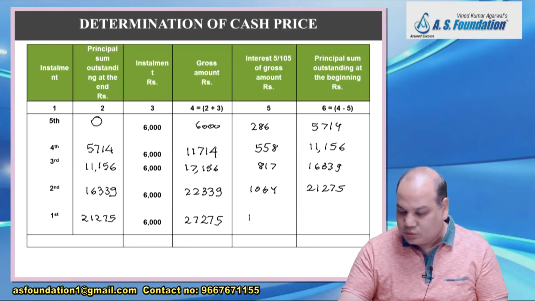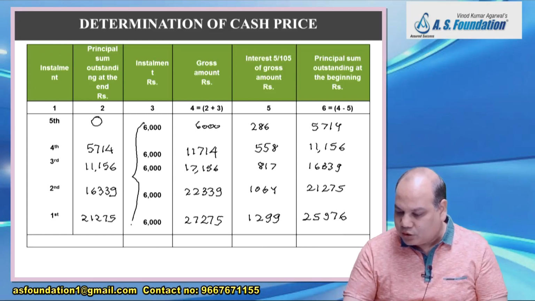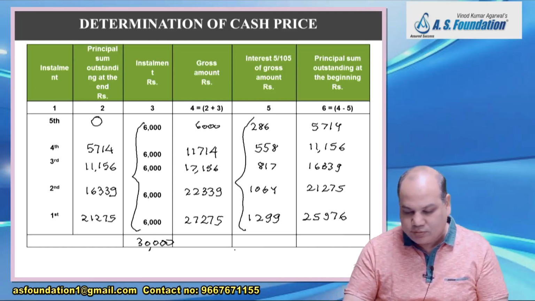Interest 1299. Balance 25976. What is the total of all the installments? 30,000. What is the total of all the interest? 4024.